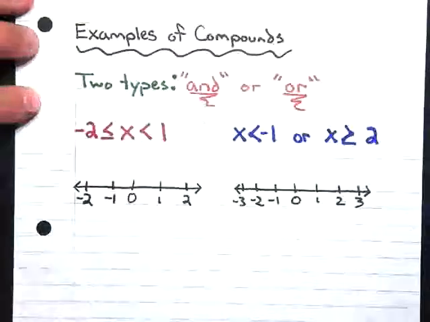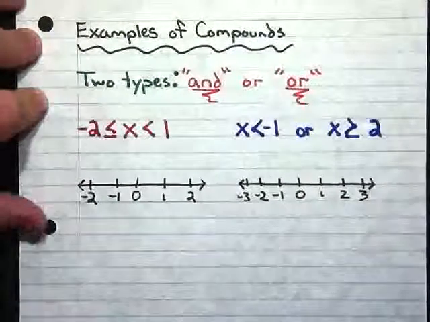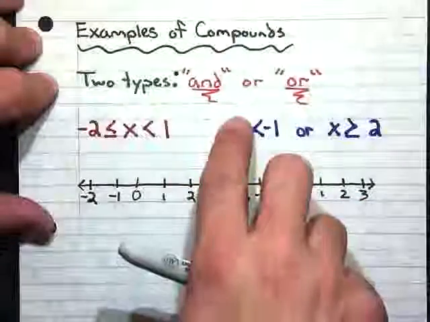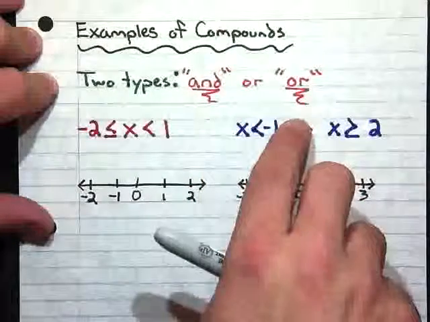All right, so let's go ahead and take a look at some compounds now that we know how to solve simple inequalities. Compound inequalities come in two different types. We have an and compound and we have an or compound.